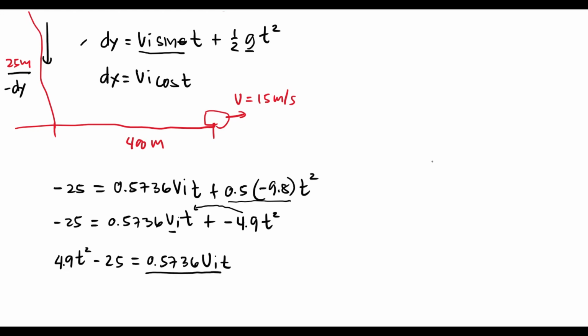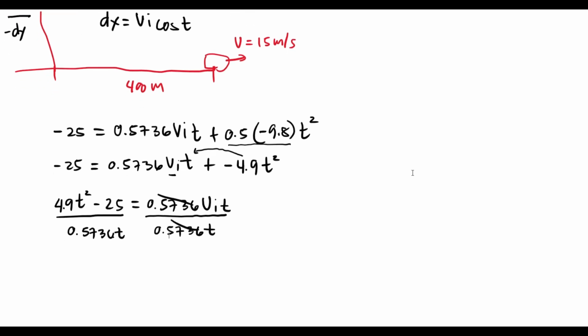Then to solve for the initial velocity, divide both sides by 0.5736 times the time. So we have now the initial velocity.